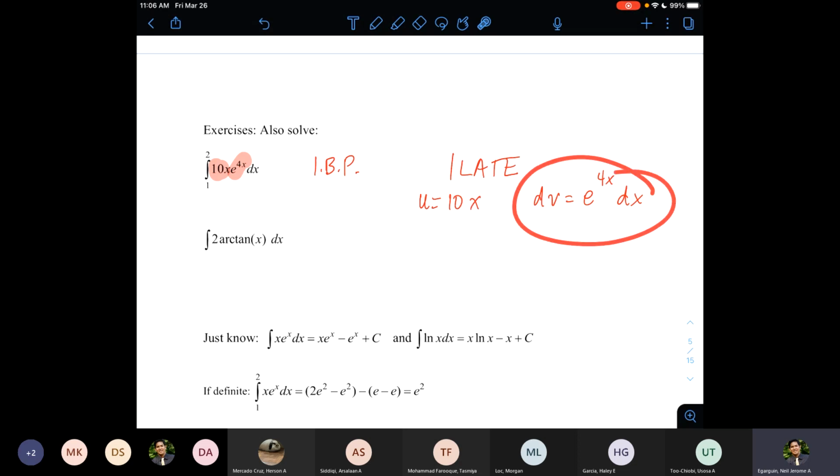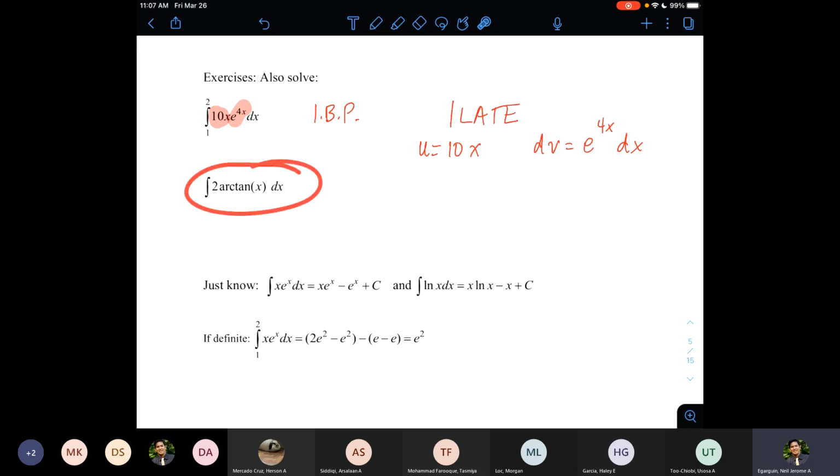But for this integral, you will let u be equal to 4x. Okay, good so far. So basically, that's the criteria when we choose to use integration by parts. When you have a product, one of which is easily differentiable and the other is easily integrable, right?